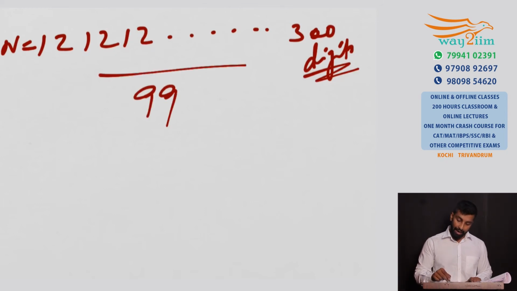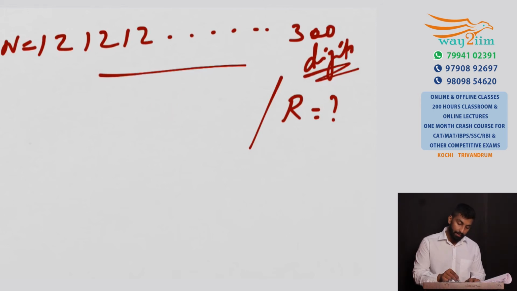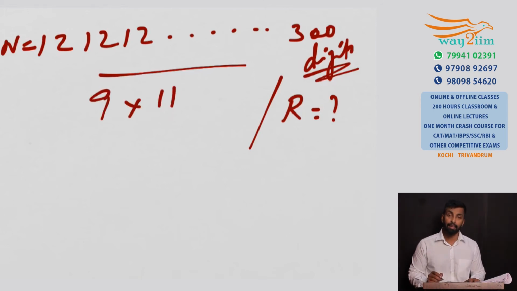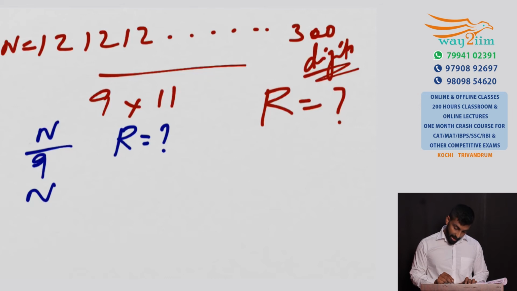Now divided by 99, what is the remainder? Instead of 99, you can take it as 77 or whatever you want, not a problem. I'm taking it as 99. So I am factorizing: you can factorize this denominator as 9 into 11, right? Now you can divide n by 9, see what is the remainder, then n by 11, see what is the remainder.